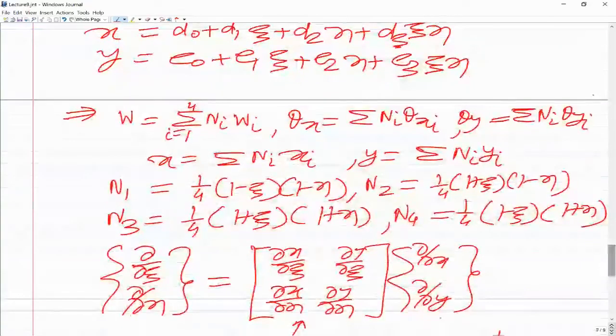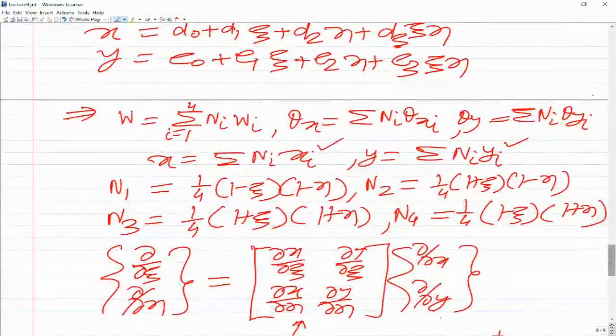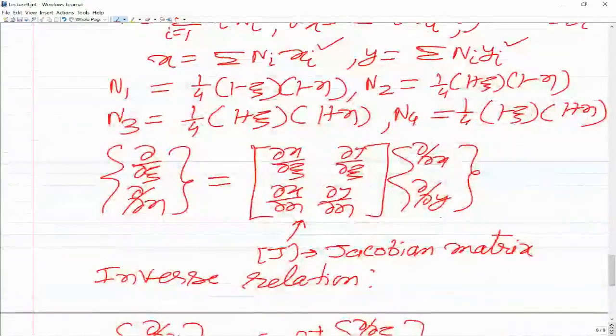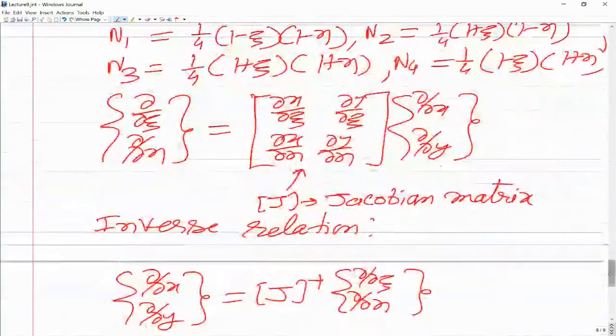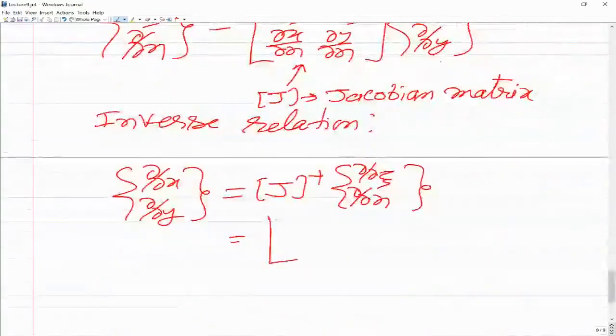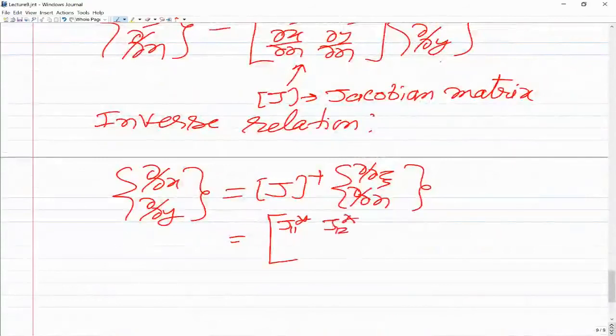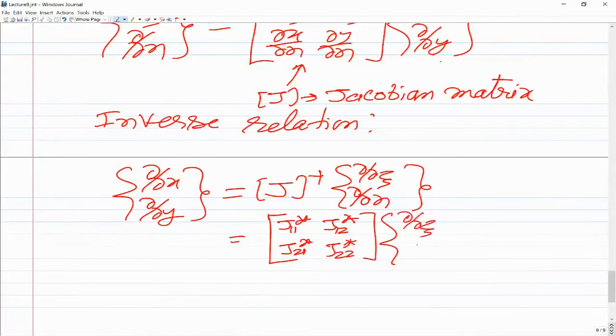Through this interpolation and this interpolation, x and y are expressed in terms of xi and eta. So you can directly get their derivatives with respect to xi and eta. And once you have those derivatives, you put into this, you get the Jacobian matrix, and then you can find out its inverse. So now you can write, let us say the inverse is J11 star, J12 star, J21 star, J22 star. These are the inverse of this 2 by 2 Jacobian matrix, del by del xi and del by del eta.